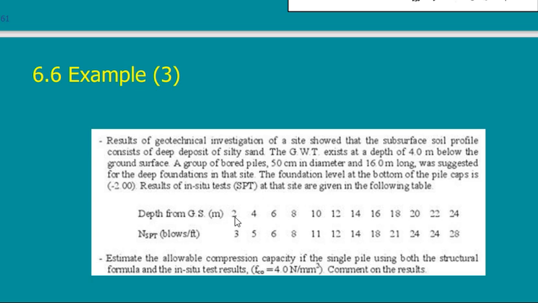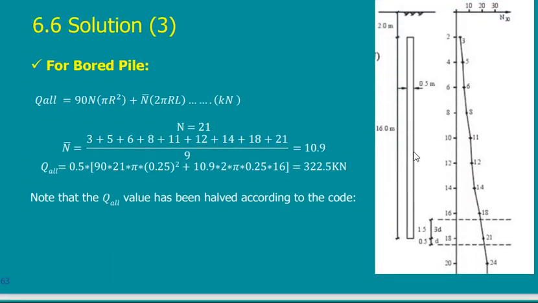Of course, these SPT values start from 2 meters till 24 meters, but my pile is not 24 meters. It will end up, say, here at 18 meters. So all of these numbers are not important for me. What is important are the values within this range. So I will just draw these values next to my pile.